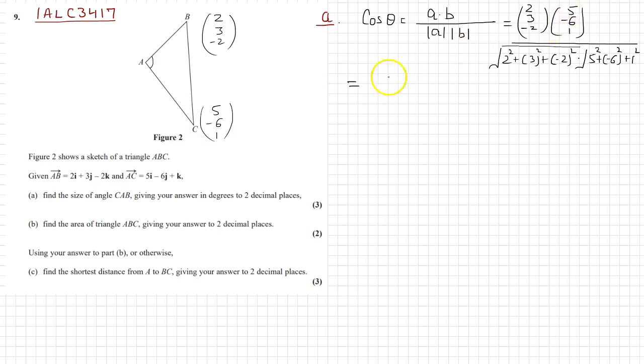So this will be equal to 10 minus 18 plus 2. This is 9 plus 4 plus 4, 17, and this one is 25 plus 36 plus 1, 62.